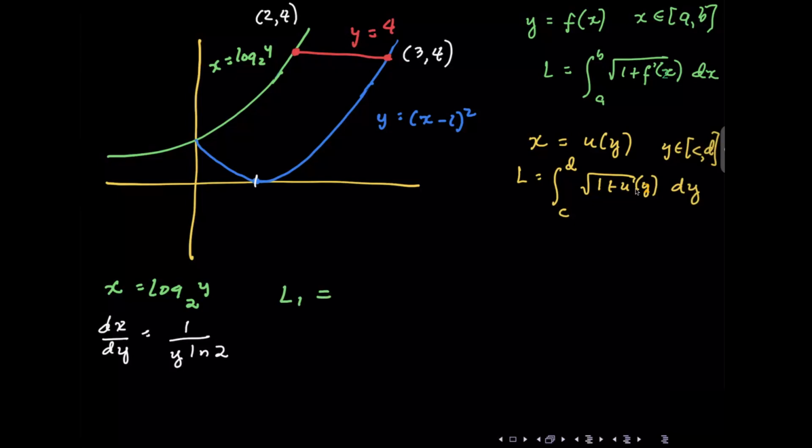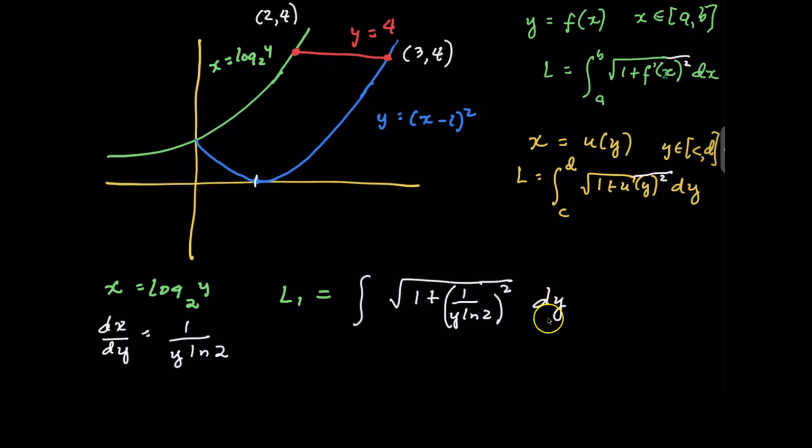So L1 is the integral of the square root of 1 + (1/(y ln 2))² dy. And then since this is in terms of y, what is our y here? For the green one, y runs from, what is this again? This is 1, and this is 4. y changes from 1 to 4.